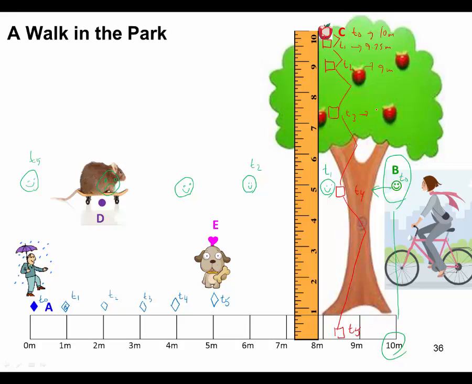At time 3, let's say he's at 7.5 meters. At time 4, let's say that he's at, let's call this, 5 meters. And at time 5, let's see, he gets down to 0. Hits the ground. And so let's go to our other graph, our motion graph, and let's graph out his motion.